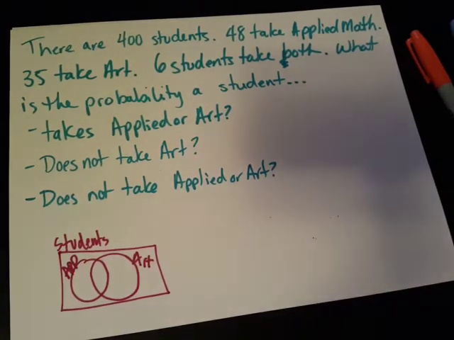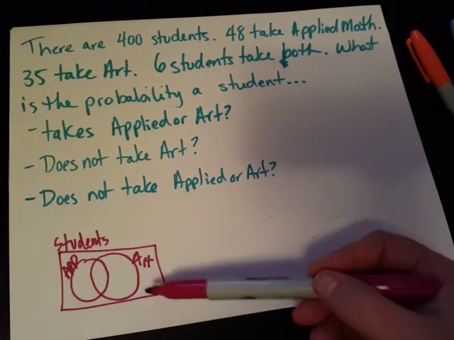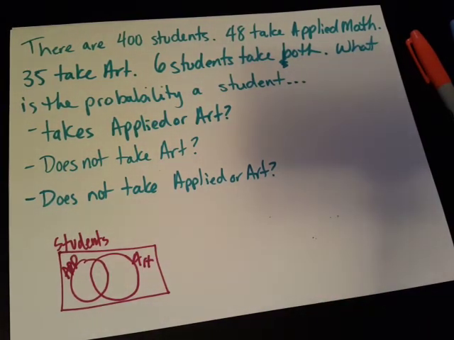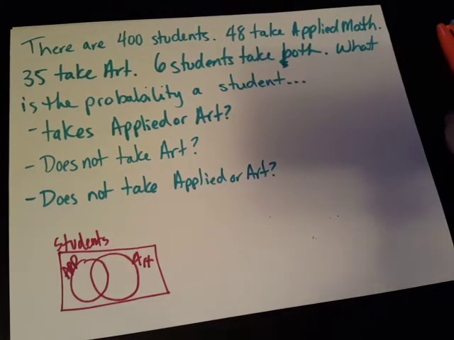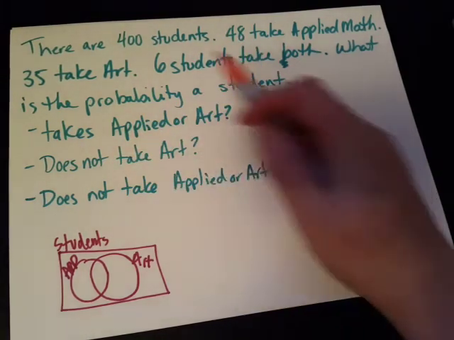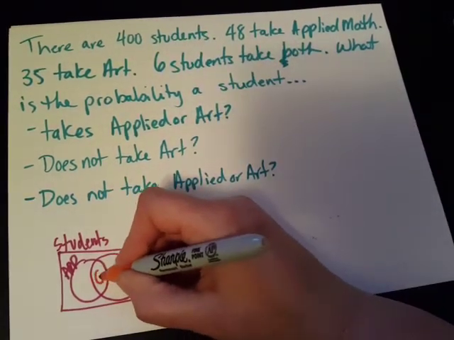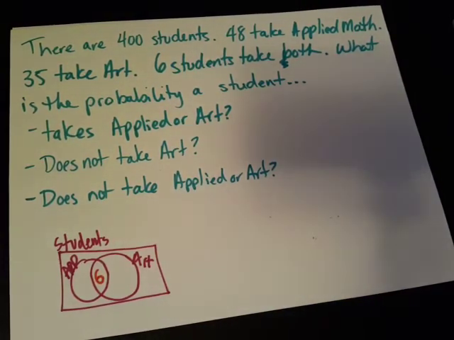So the challenge here and the stumble is that people will just write 400 and 48 and 6 and 35, and they'll just fill in the Venn diagram using the values that are in the question. But the only thing that we know for sure that's really true about this is the 6. We know that it is true that there are 6 that take both.